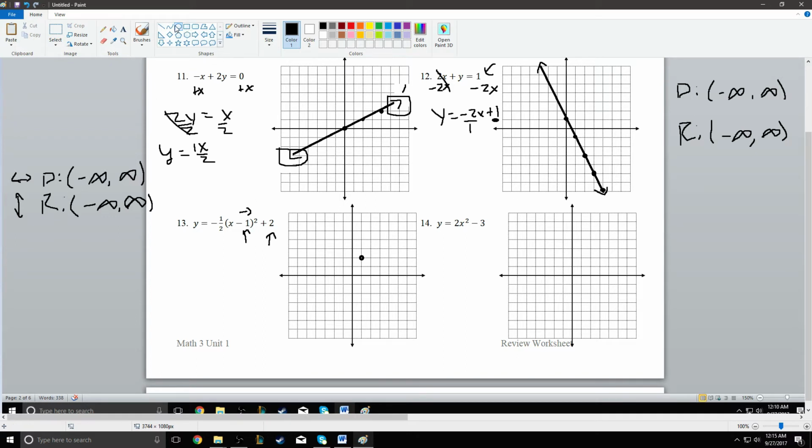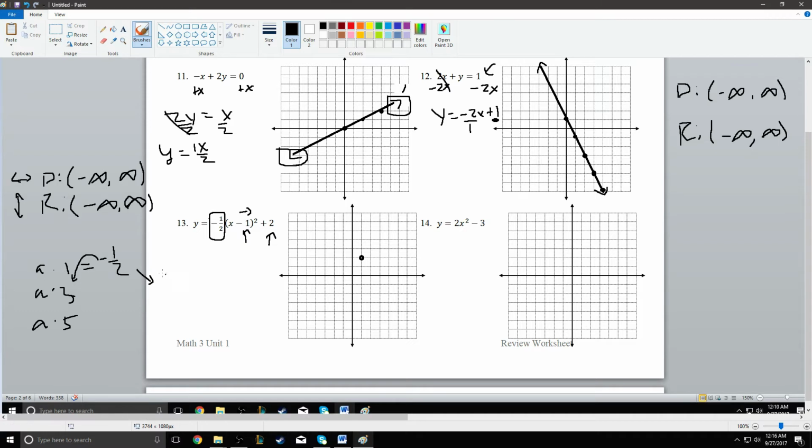So to find our pattern, it's typically a times 1, a times 3, and a times 5. So since our a value is negative 1/2, that means that this is negative 1/2 times all these numbers.